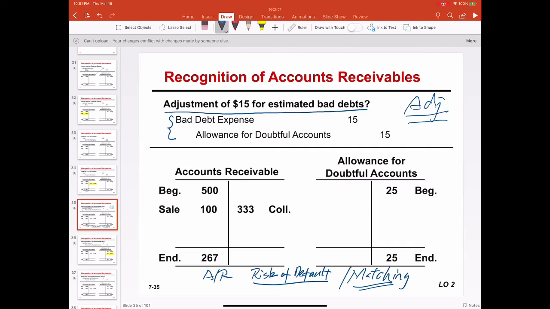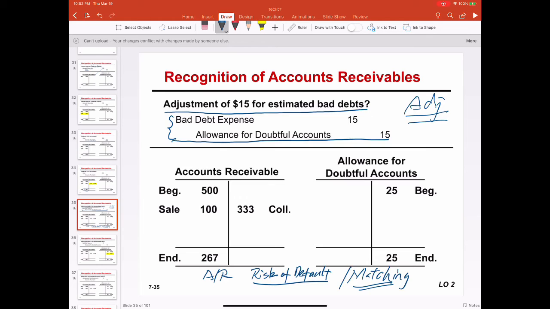So the collectability is different for different firms, but bad debt expense always exists for firms that provide credit to their customers, no matter what the reason for the default. So because we recognize credit sales, we also need to recognize the expense associated with the credit sale, which is bad debt expense, which is an operating expense.